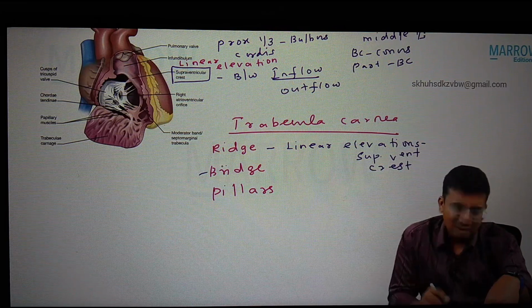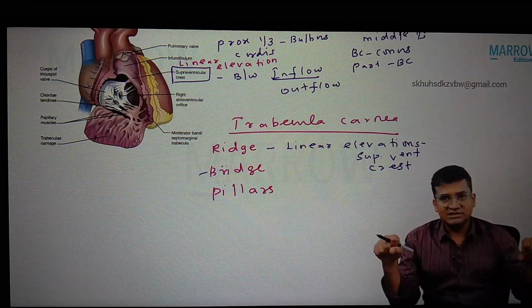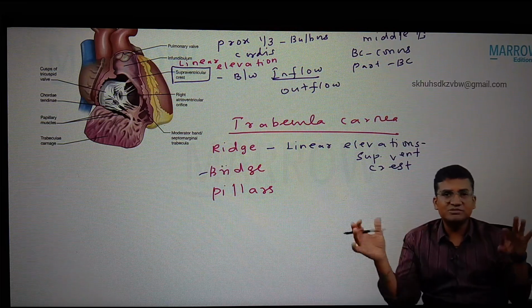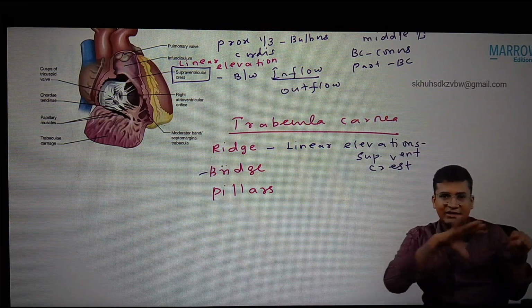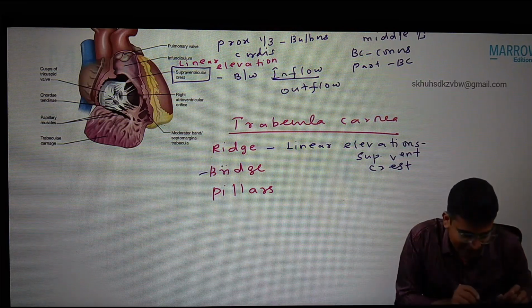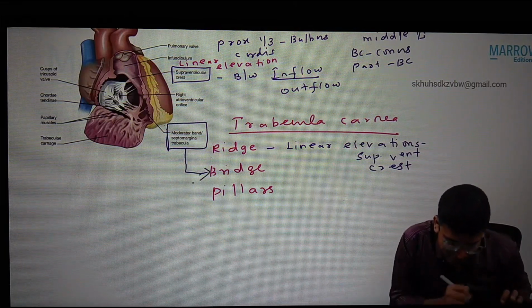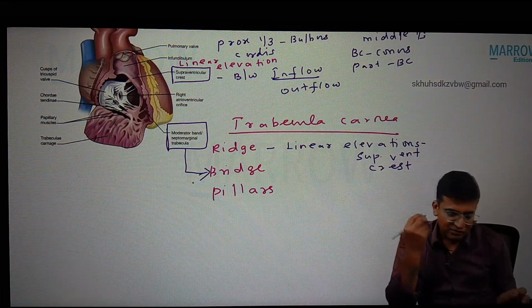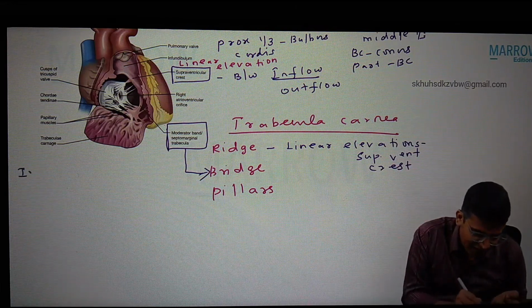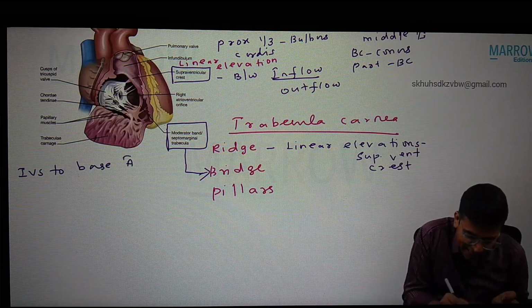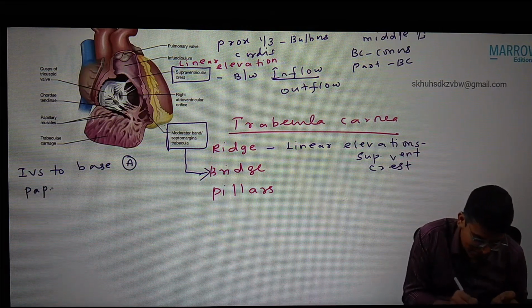Next, bridges. The ends of a bridge are connected and they are free in the middle, like a normal bridge. The example for bridges is the septomarginal trabeculae. The septomarginal trabeculae extend from the interventricular septum to the base of the anterior papillary muscle.